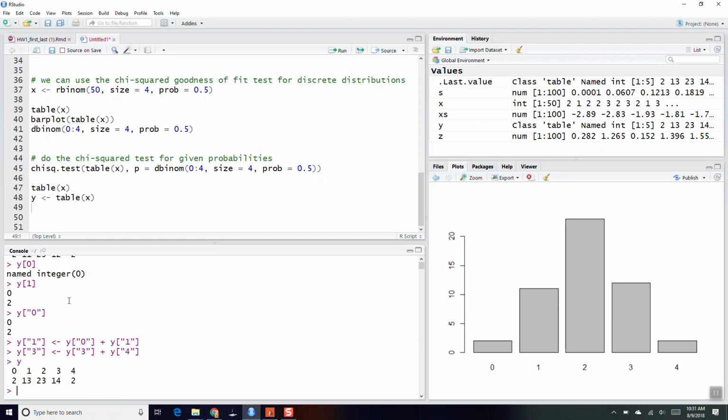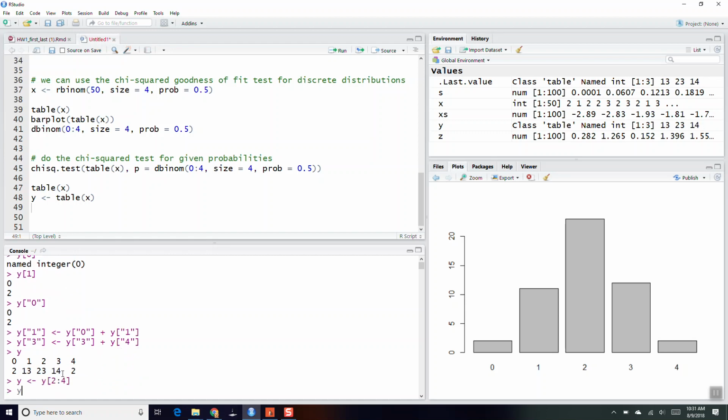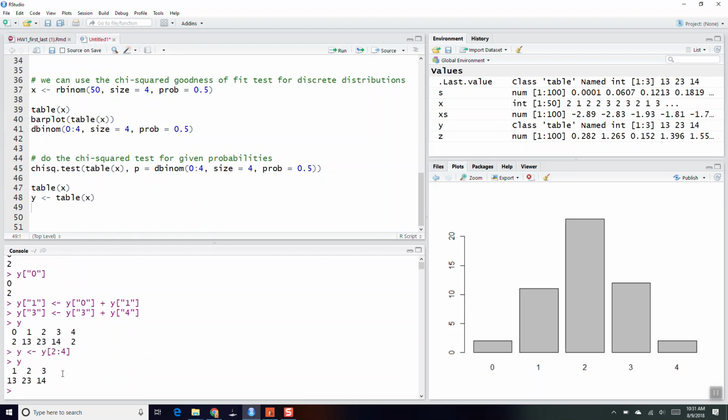And then we can delete, so we're just going to take boxes 2, 3, and 4. So we'll do 2 through 4. Okay, so there we go.